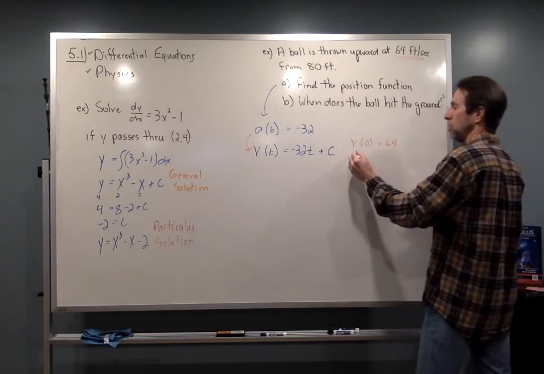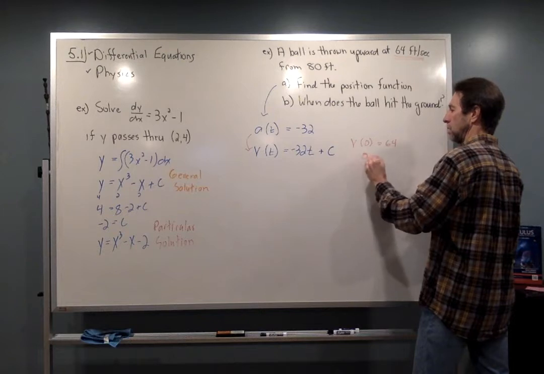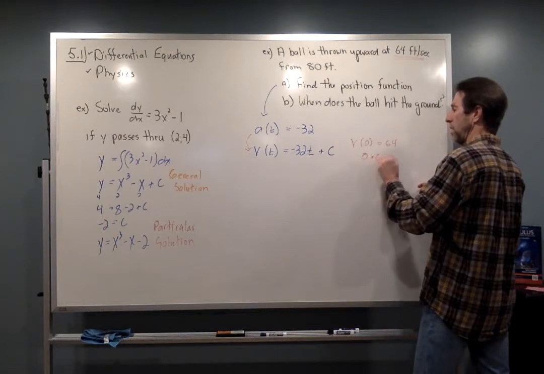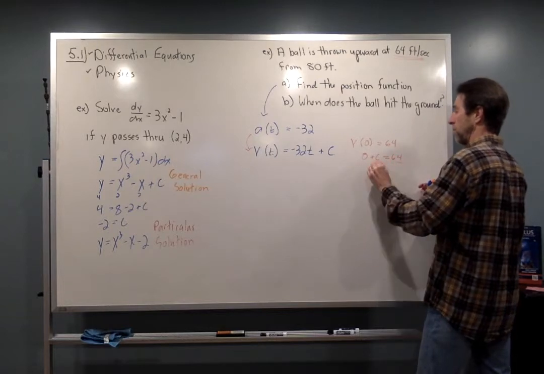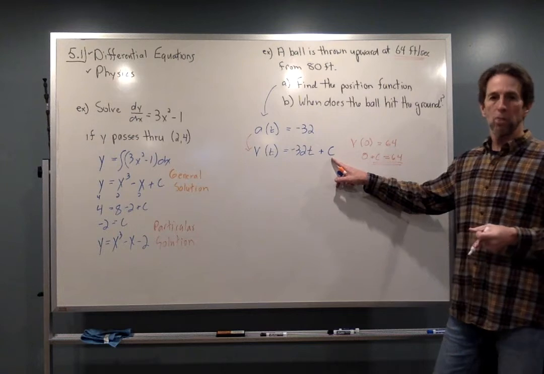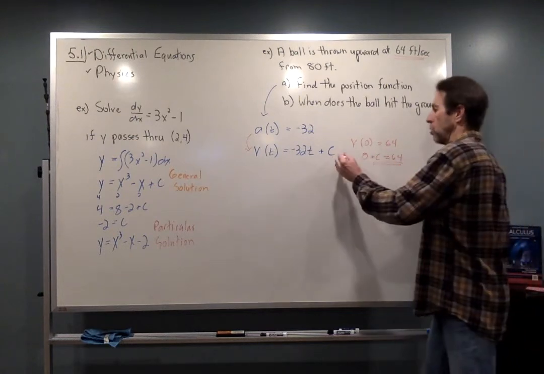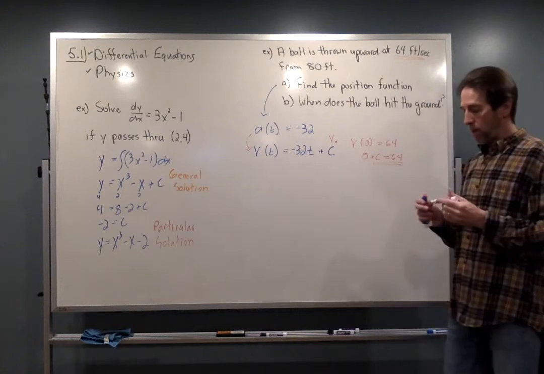If that's true, you should be able to put a 0 in for t, and then get the c to be 64. Many times, that c is just going to be your initial velocity. Quite often, we even call this v sub 0, but I don't want to get into that right now.